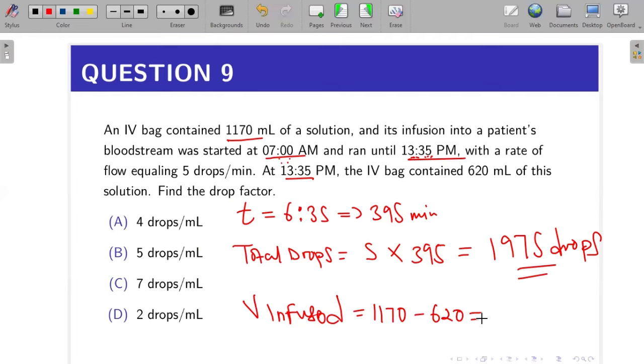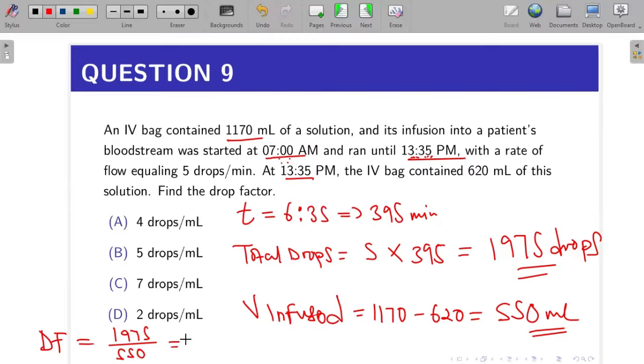Now we can calculate the drop factor. The drop factor, DF, is equal to the total number of drops, 1975, divided by the volume infused, which is 550.